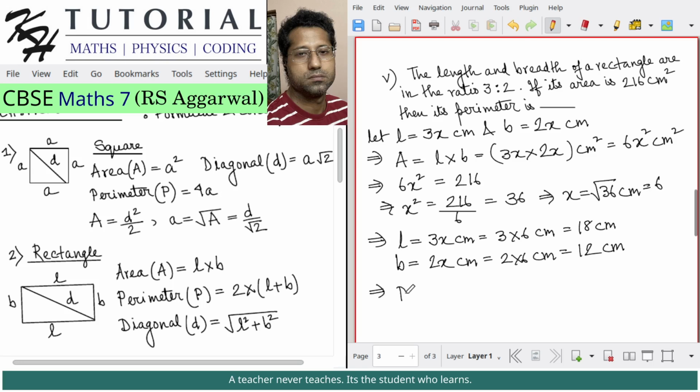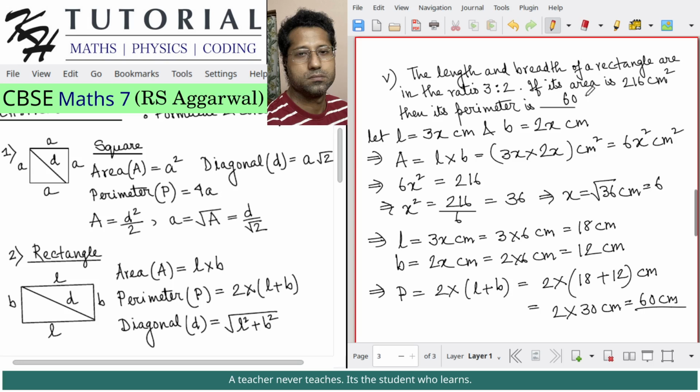So perimeter is equal to 2 into length plus breadth, which is equal to 2 multiplied by 18 plus 12 centimeter. This is equal to 2 multiplied by 30 centimeter, and this is equal to 60 centimeter. So 60 centimeter will be the perimeter of the rectangle.